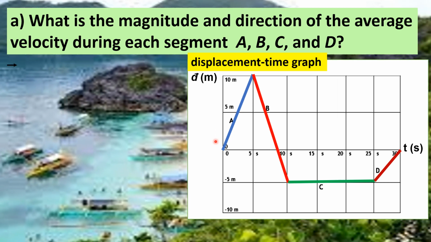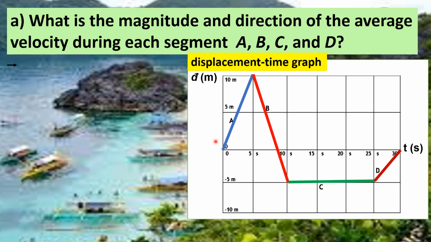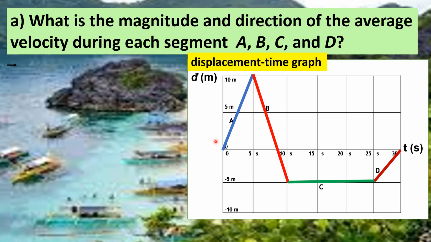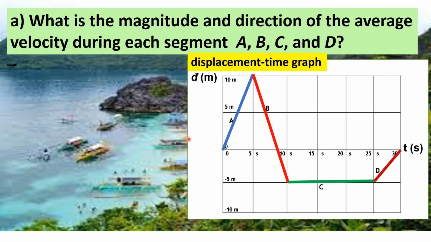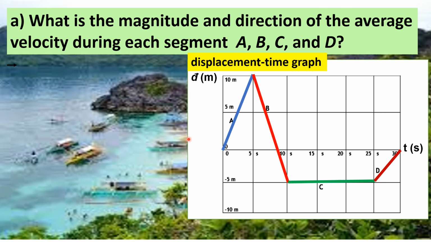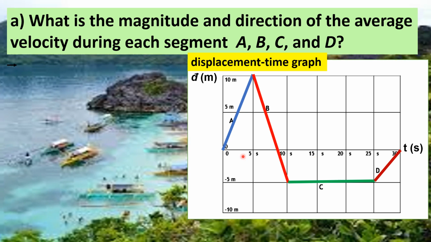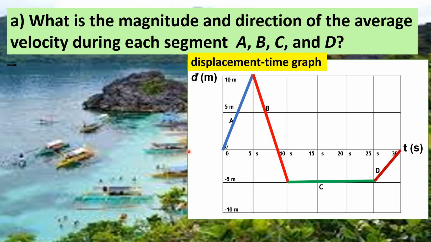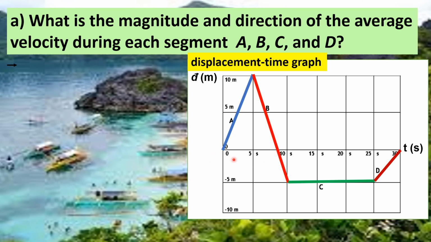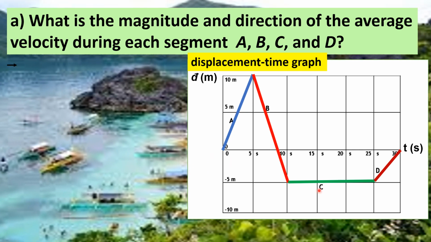Continuing our calculation for average velocity, we have for segment B. Segment B is a straight line sloping downward to the right. So again, our expected average velocity during this time interval, 5 seconds to 10 seconds, will be negative.